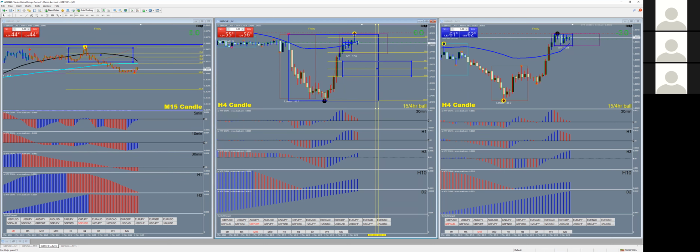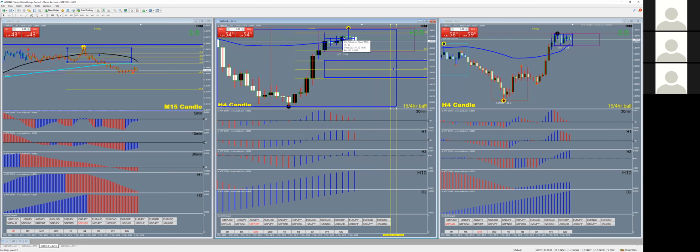You guys see the difference between when I tried to take the trade right here? There was really no candlestick formation telling me it wants to turn around. As soon as we got this pin bar, it turned the market around. So if I would have looked at a 15 and waited to see if I got a better pattern formation, then I probably wouldn't have taken that trade earlier.